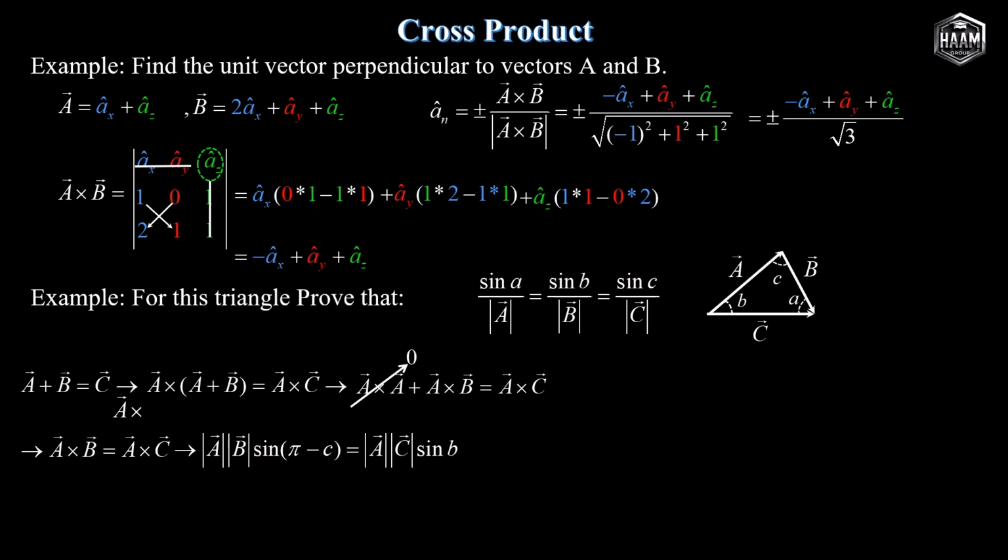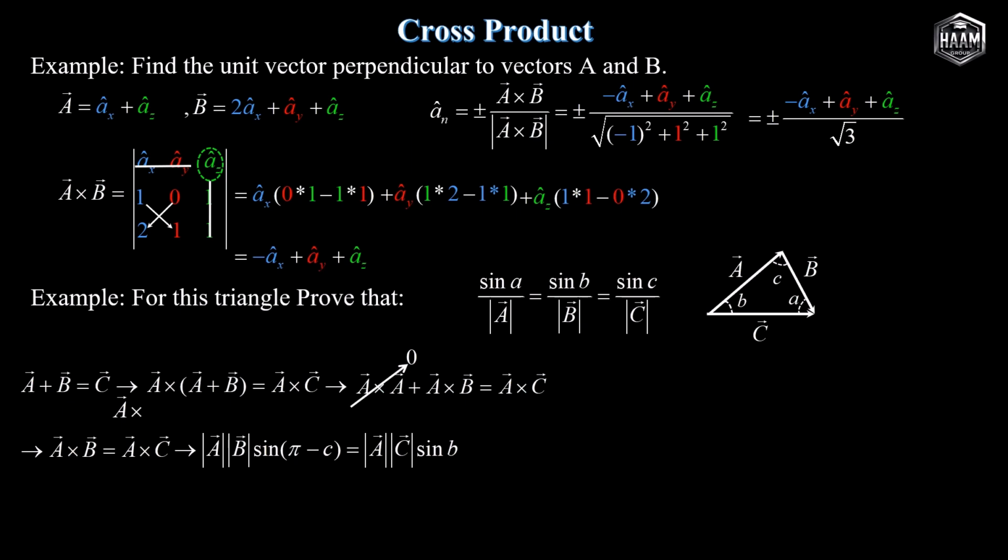Expressing the cross product magnitudes using the definition, magnitude of a cross b equals magnitude a magnitude b times sine theta. For a cross b, placing vectors a and b tail to tail shows that the angle between them is the supplementary angle pi minus c.